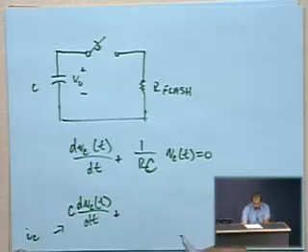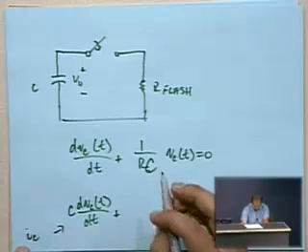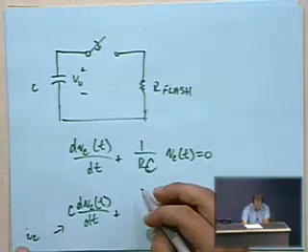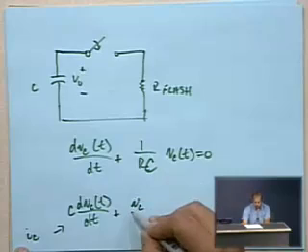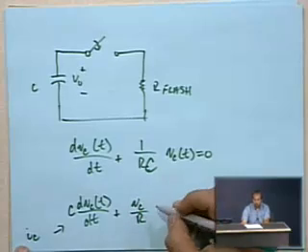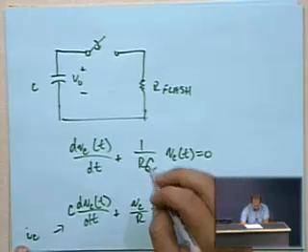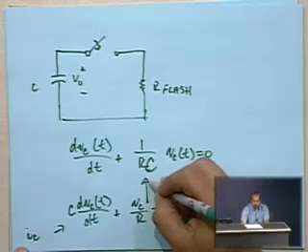And then the current through the resistor itself is the same voltage divided by the resistance, and that equals 0. So this gets us to there.